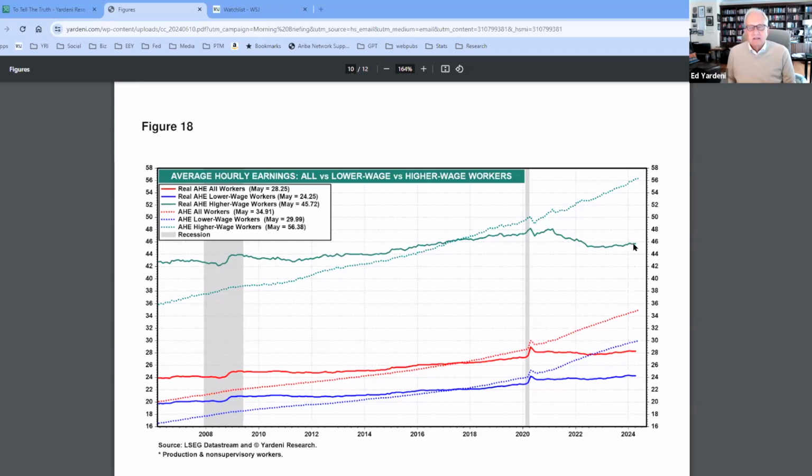They've seen a reduction in their purchasing power and their standard of living, if you will. If purchasing power determines what you can buy, what you can buy determines the standard of living, at least the way it's conventionally measured. And then you can see that the lower wage workers actually came out somewhat ahead in real terms. So this idea that lower wage workers have been taking it more on the chin than anybody else, and we've got this two-stage economy where some are doing well and others aren't doing so well.